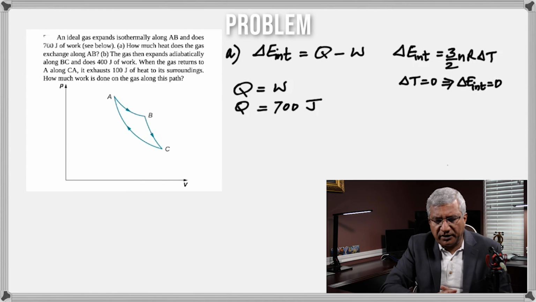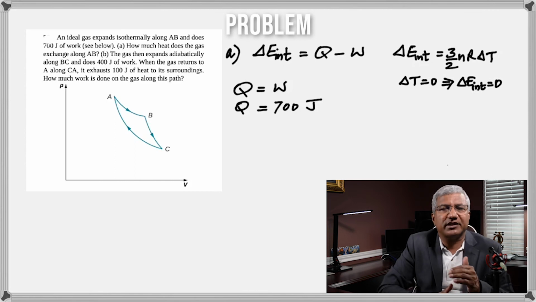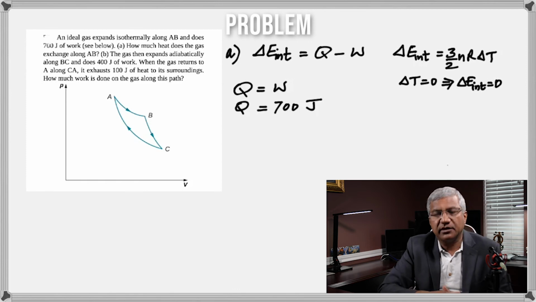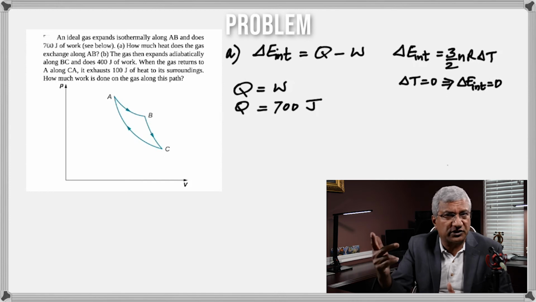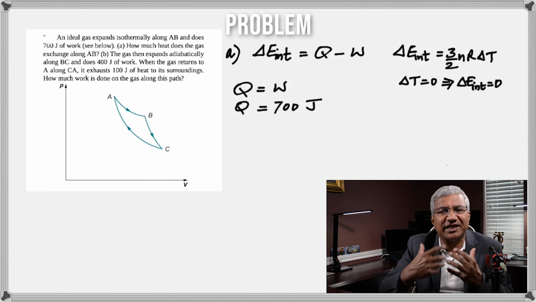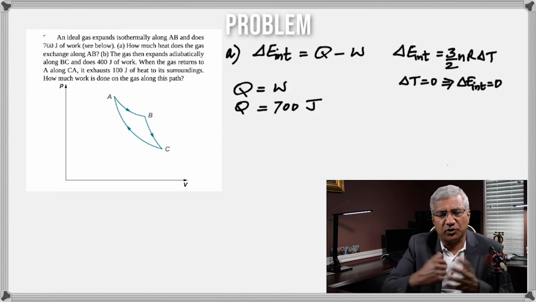Now the B part. The gas expands adiabatically along BC, and in doing so, it does 400 joules of work. When the gas returns to A along CA, it gives out 100 joules of heat to the surroundings. So two things happen. The gas is expanding adiabatically, which means it has to use its own internal energy to do that work.